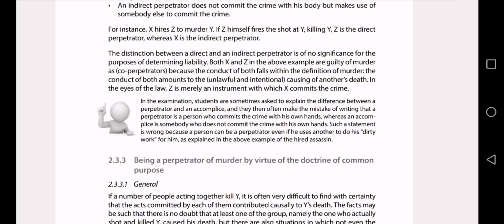The conduct of both amounts to the unlawful and intentional causing of another's death. In the eyes of the law, Z is merely an instrument with which X commits the crime.